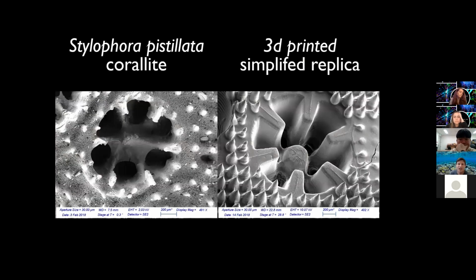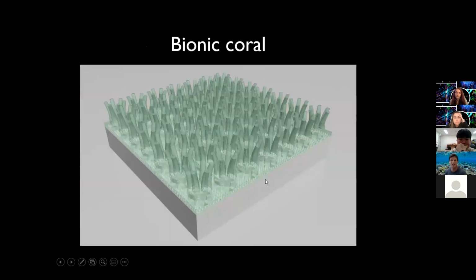And so we came up with this 3D printed simplified replica here, which still has the coenosteal spines and some of the key features. And that's our rendering of our bionic coral here.